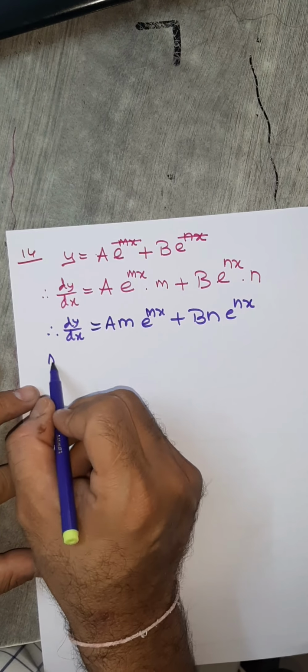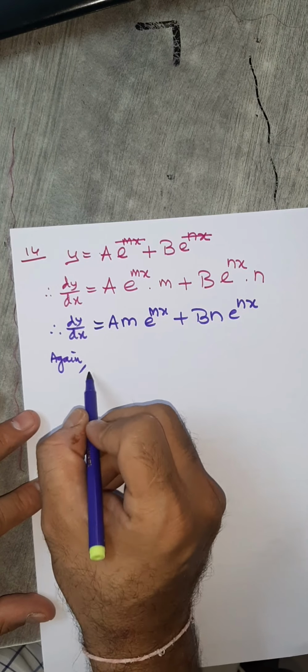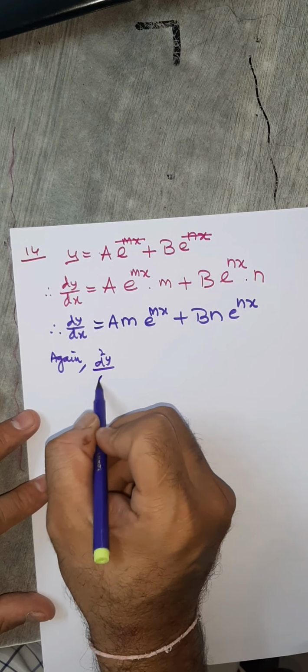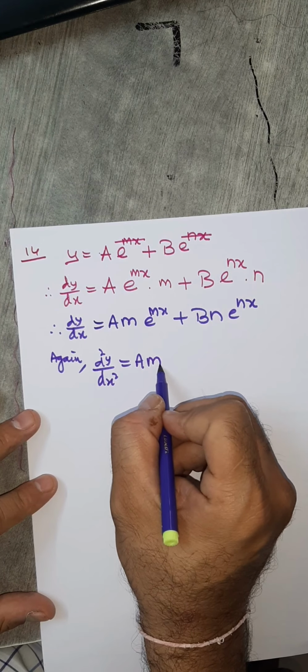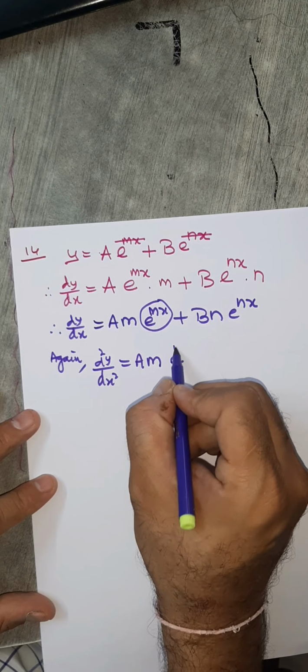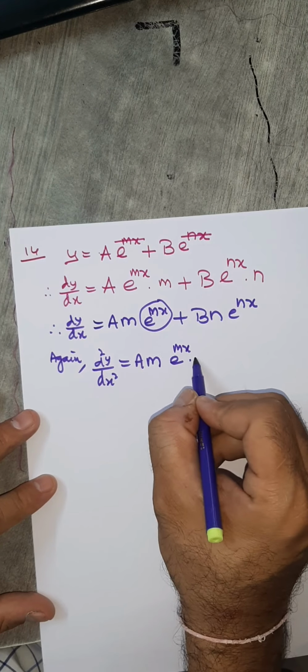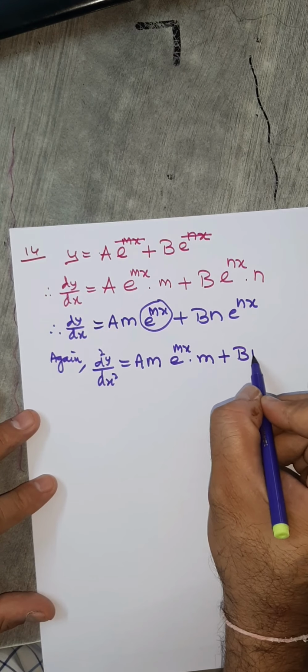Now again we differentiate it. So again differentiation here. That is d square y by dx square. a m being constant as it is. What is derivative of e raised to mx? That is e raised to mx into, by chain rule, derivative of mx, which is m, plus b n as it is.